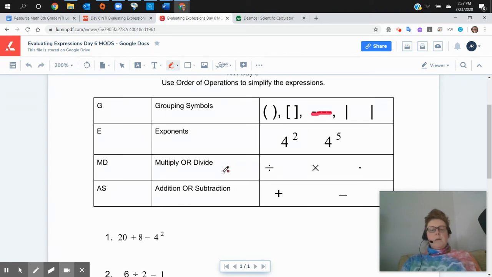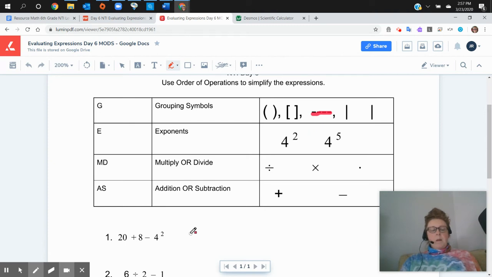So if you come to a divide symbol first, you're going to do that first. If you come to a multiply symbol first, you're going to do that first. And then here are all of our symbols: divide, multiply, and the other symbol for multiply there. And then addition and subtraction. Again, they're next to each other. So whatever comes first when you start at the left and move to the right, you'll do addition, or if subtraction comes first, you'll do that first.